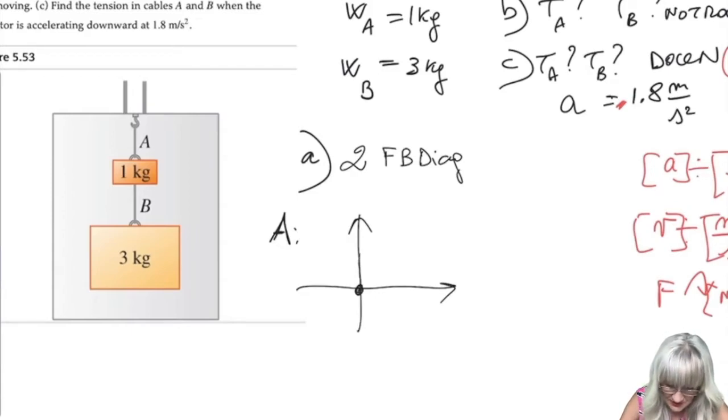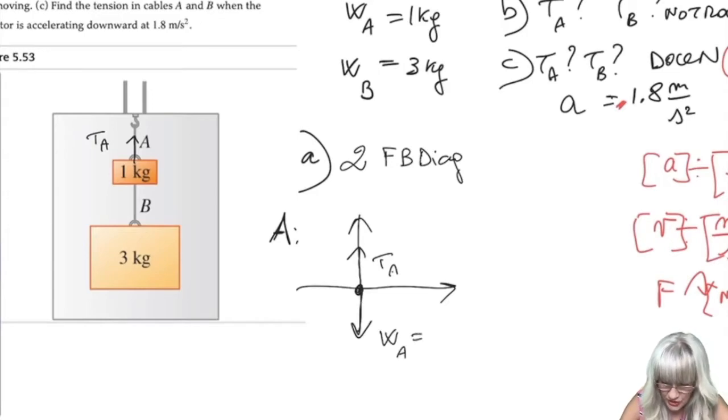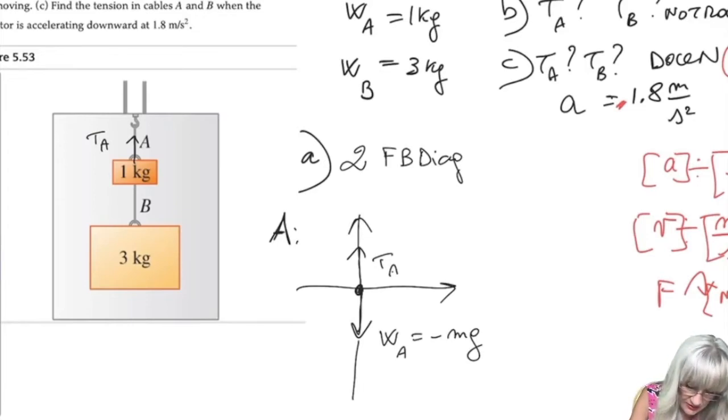I see that there is a tension A right here, tension in cable A. I know there is the mass, so the weight of A, which is mg, pointing downward, right? So this is a minus mg. And right here, right at the center, will be the weight of A.